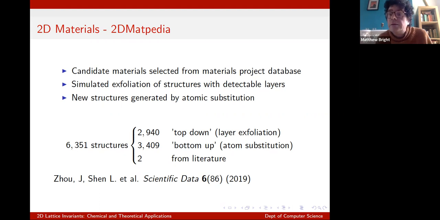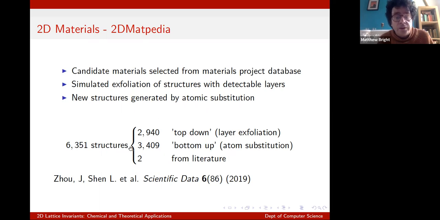If you have a one-dimensional one, and so forth. So you can use that to detect whether you're finding a layer in some direction, which may not necessarily be a lattice direction, which is why you do it in this way. And then you simulate using DFT what happens when you peel a layer off, or you try and figure out how you might peel a layer off the bulk crystal structure.